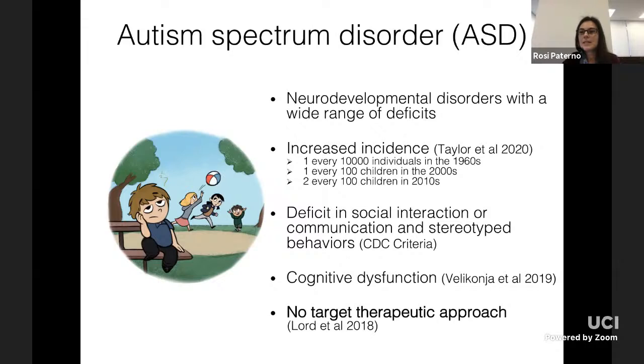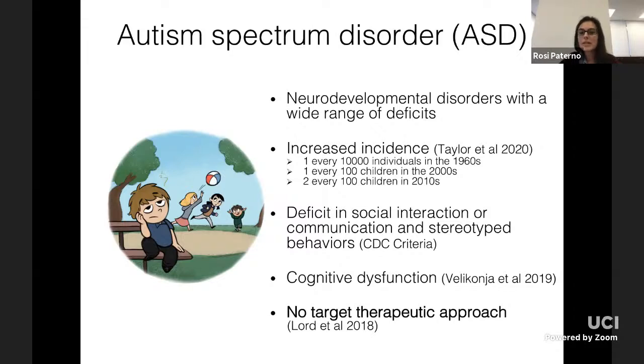Despite the fact that this is a disease that presents with a wide range of defects, all the features can be classified in 2 main cores. Those children have alterations in social interaction, but also they are characterized by stereotyped movements, involving the sensory and the motor circuit. But also they have a wide range of cognitive dysfunction.